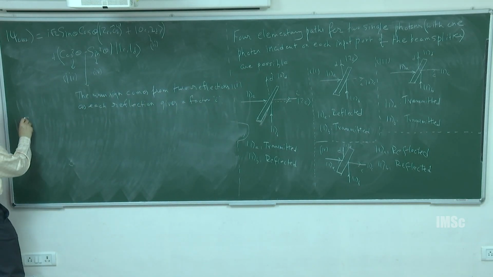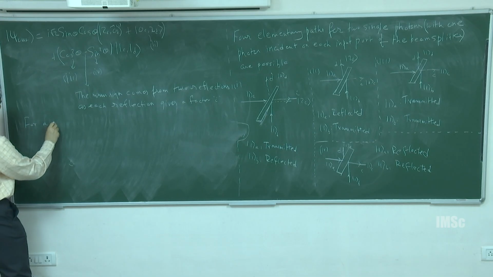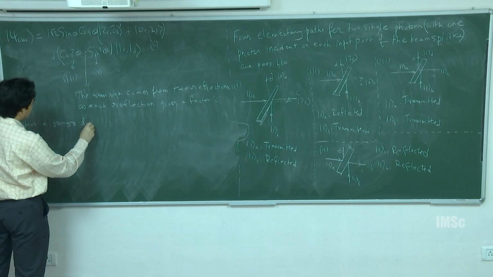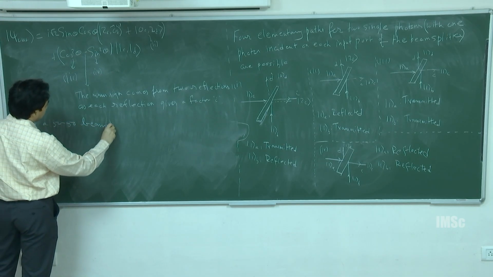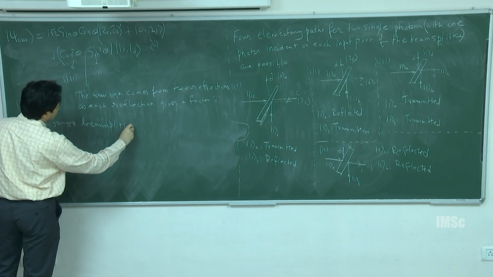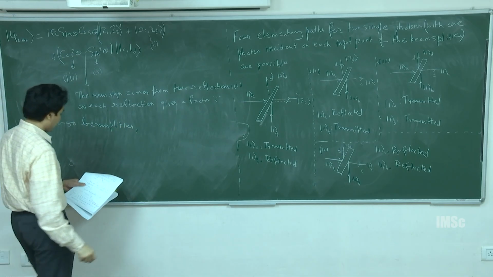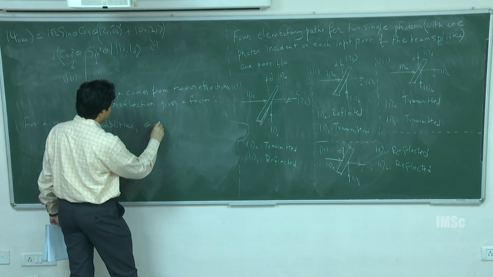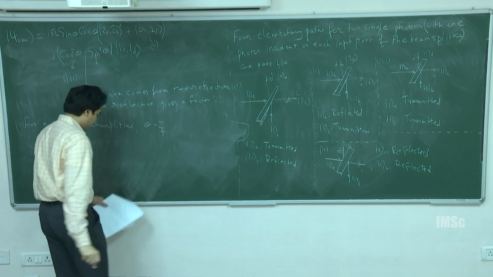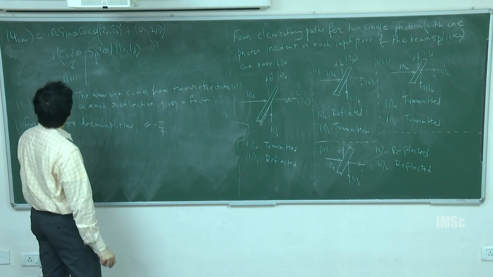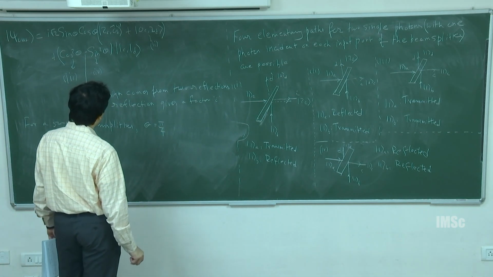Okay. So for a 50-50 beam splitter, theta is pi by 4.